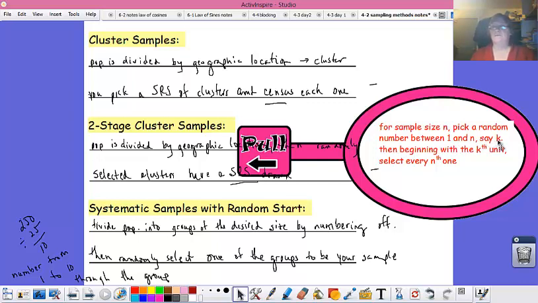Maybe it's 12 that you picked. Then beginning with that 12th unit, select every 50th one. Okay, that would get you the same thing as this. It's just a different way of setting it up. Here you divide into groups and pick a group, but here you're making your group by picking every 12th person. They're very, very similar methods.